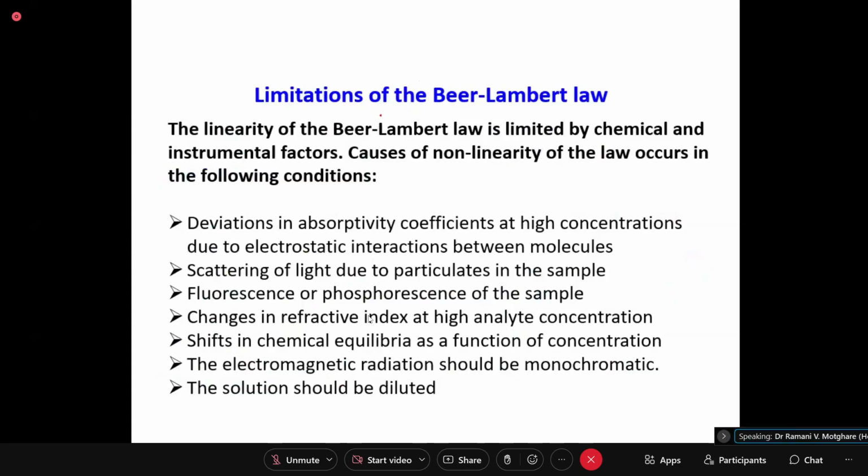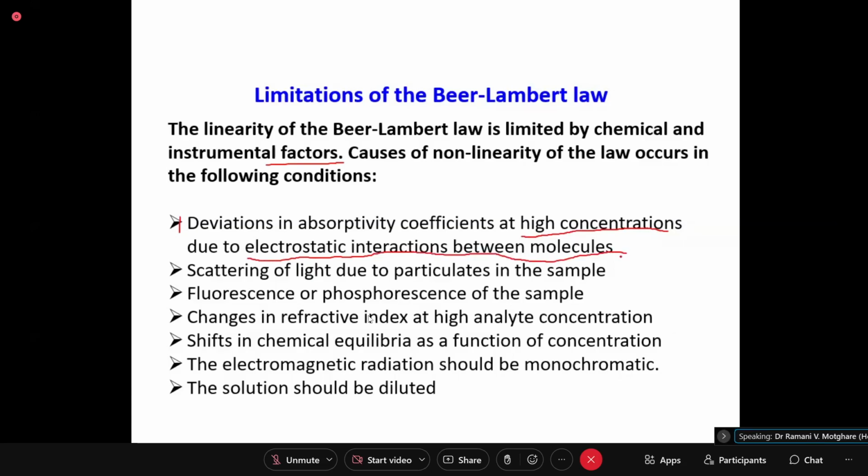Now the limitations of Beer-Lambert's law: the linearity of the law is limited by chemical and instrumental factors. Non-linearity occurs due to the following reasons. The first one is deviation in the absorptivity coefficient at high concentrations due to electrostatic interaction between the molecules.